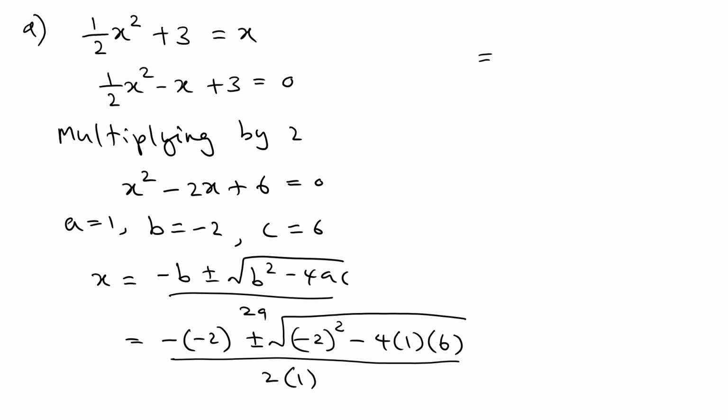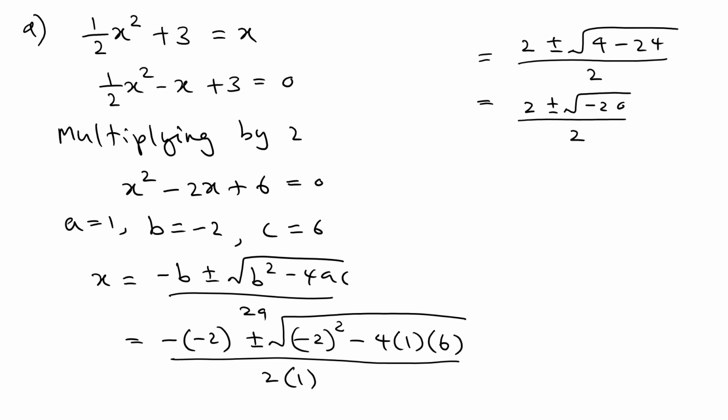If you simplify this further, you're going to get 2 plus or minus the square root of, negative 2 squared means 4, so 4 minus 24, over 2, and then you can get the square root of negative 20.